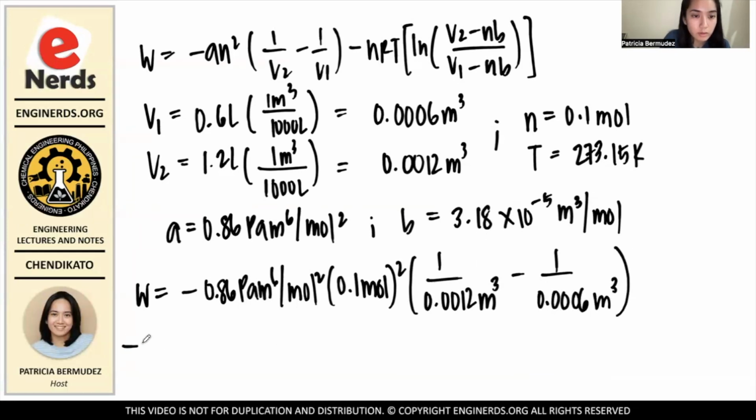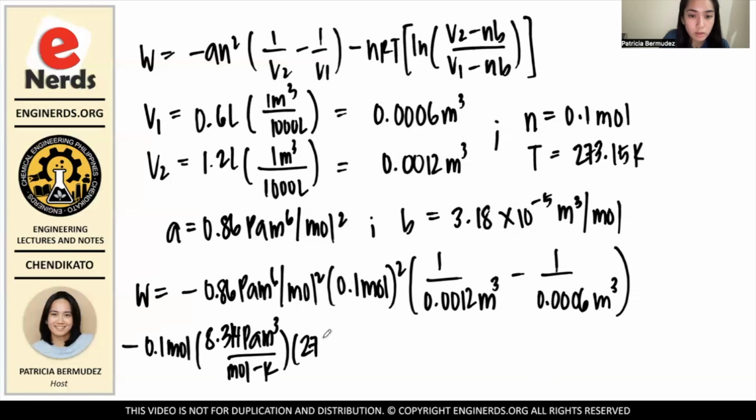And then, I'll just continue it here. So, it's negative. Our N is 0.1 mole. And then for R, let's use 8.314 Pascal meter cube per mole per Kelvin. And then our temperature is this one, 273.15 Kelvin. And then the Ln. Okay, so what's inside the Ln?